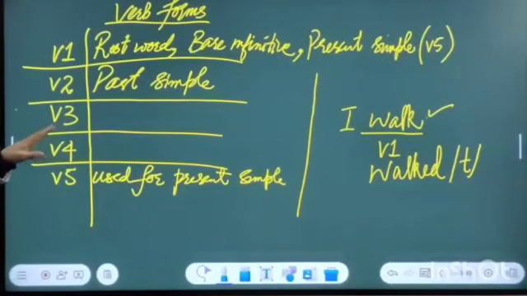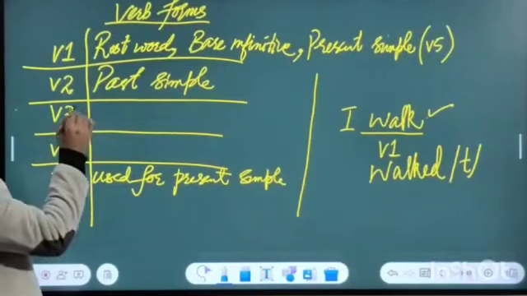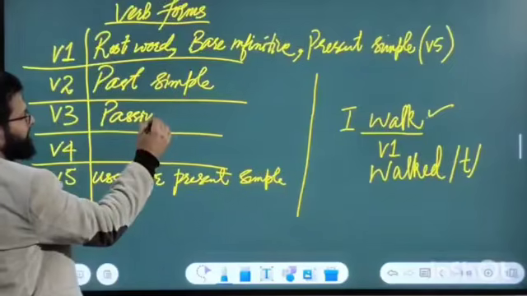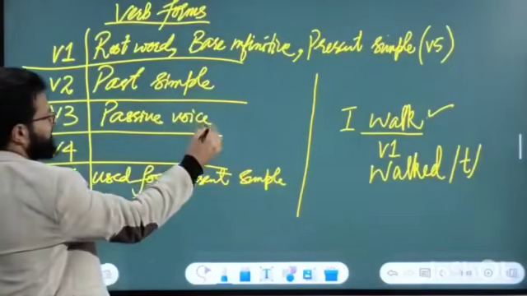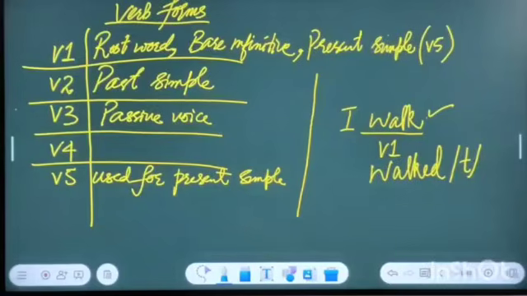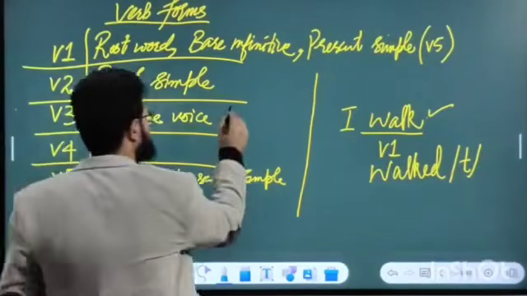Why? Because this sometimes functions as a past participle. When does that happen? It will be discussed later on. This V3 is used extensively in passive voice. We call it participle, remember.